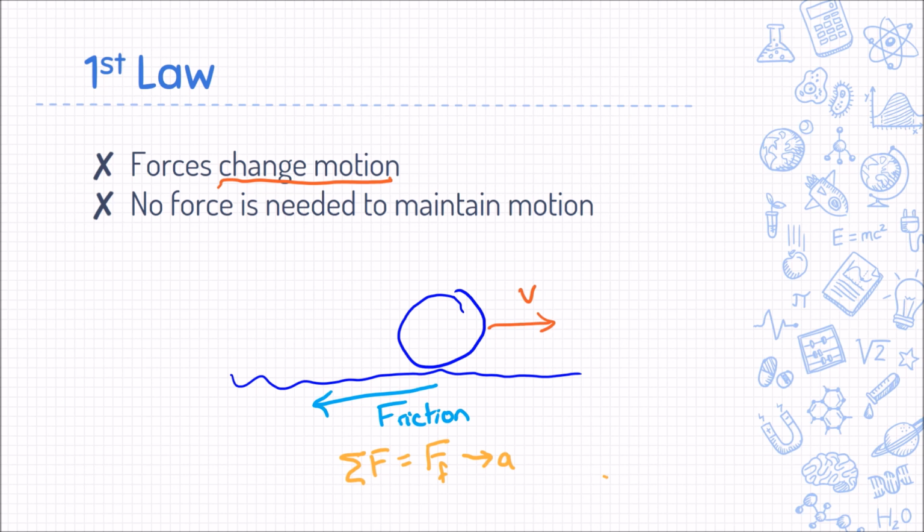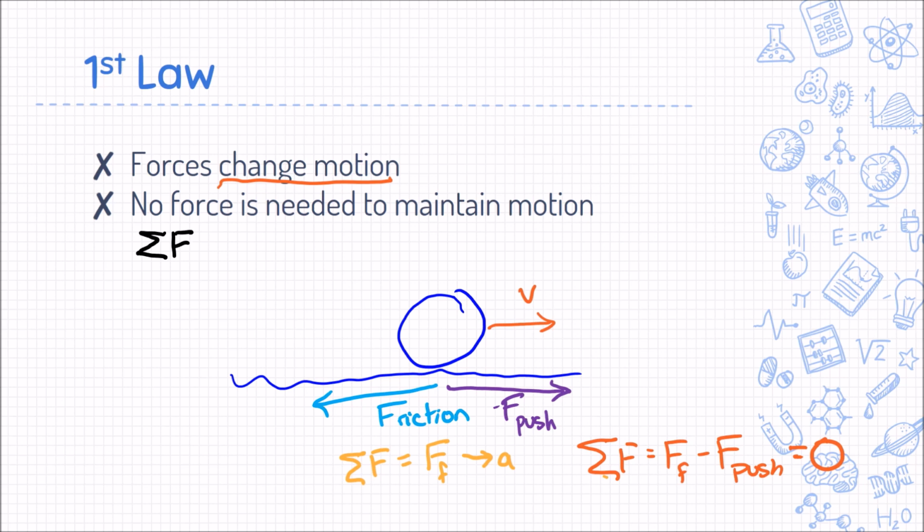If we instead push our object an equal amount, then our net force equals the force of friction minus our push. So our net force is zero, and it will maintain a constant velocity. So no force being needed to maintain motion means that the net force is zero in order for us to maintain motion. If we have a net force of zero, we will have the same motion.